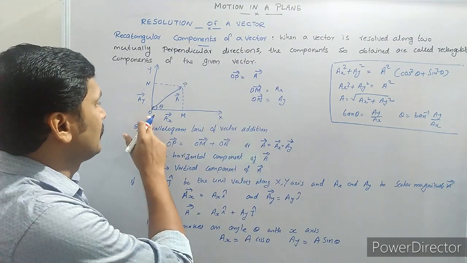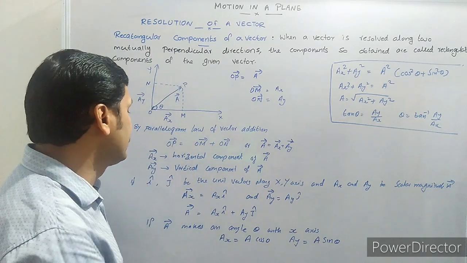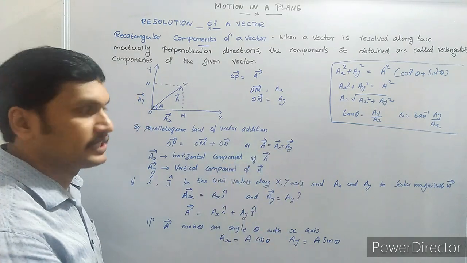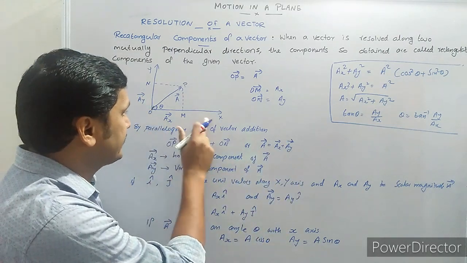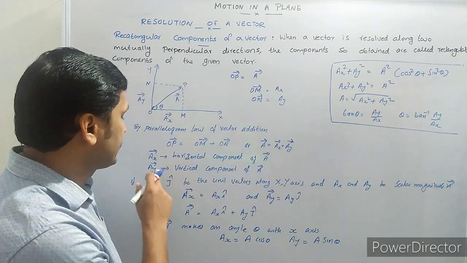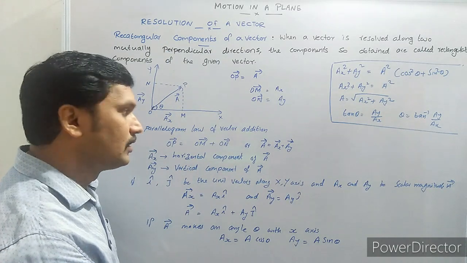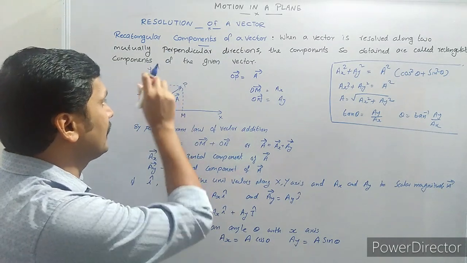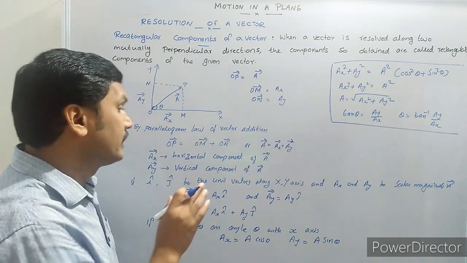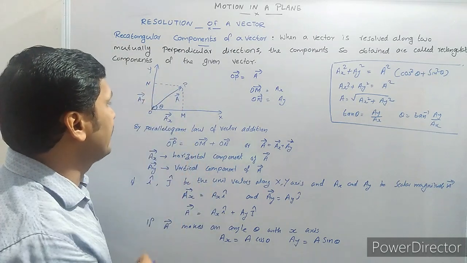Now we can see the vectors Ax and Ay are perpendicular to each other, and vector Ax is known as the horizontal component of vector A. And vector Ay is known as the vertical component of vector A. So the horizontal component is vector Ax and the vertical component is vector Ay.